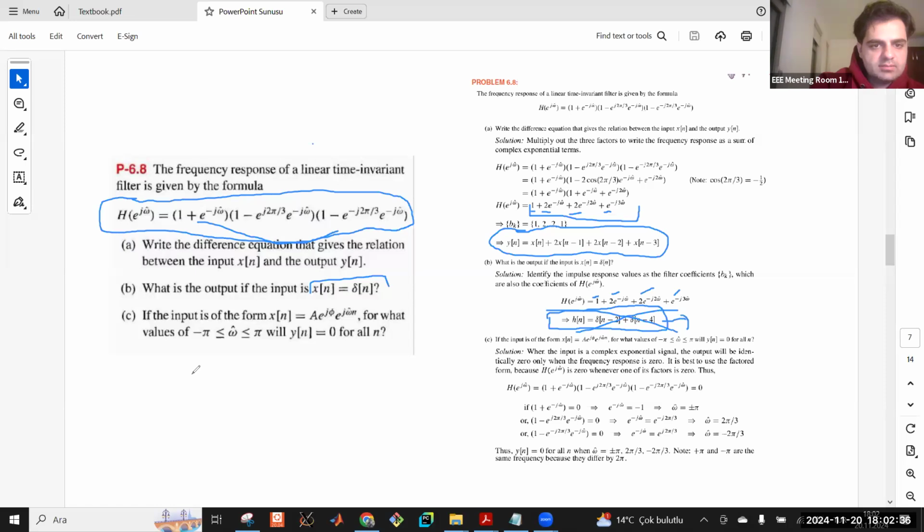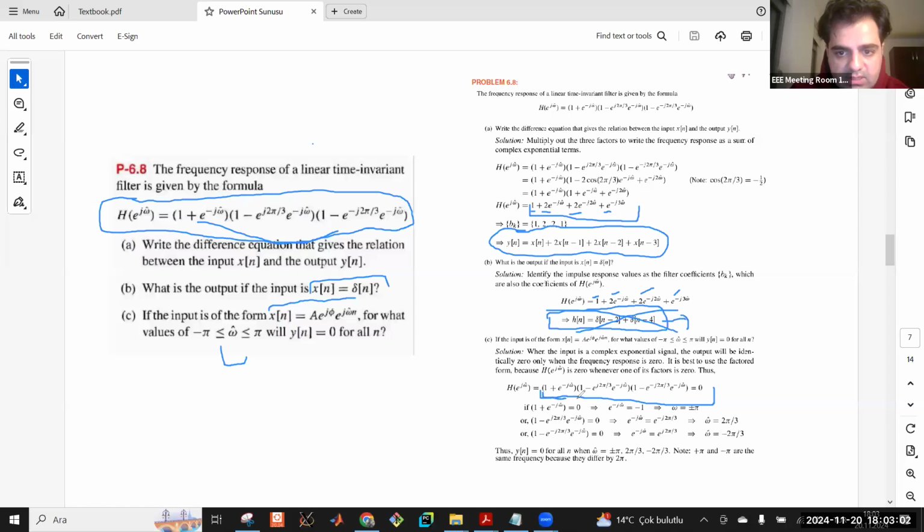In part C, if the input is in this form, for what values of omega, output will be 0. For that, we will find the omega values which makes this frequency response 0. There are three different values.